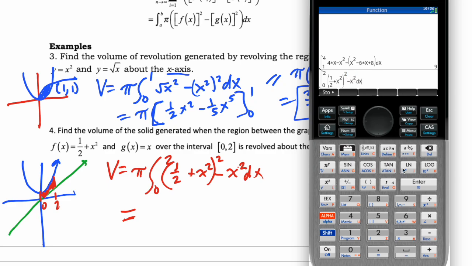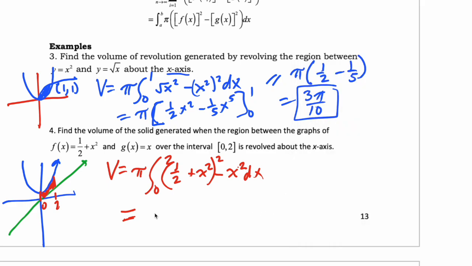You have to put the x at the end and click enter, and you can even change that into a fraction if you want by clicking this button. So 69 over 10. So the answer is 69 over 10 pi.